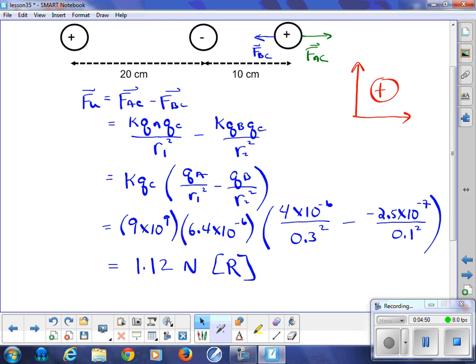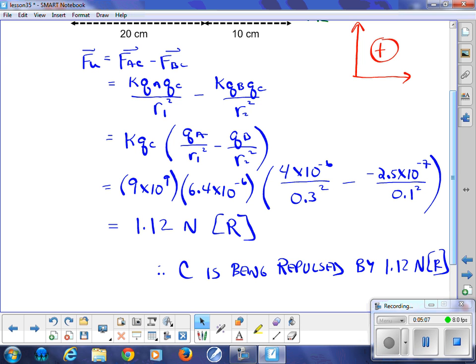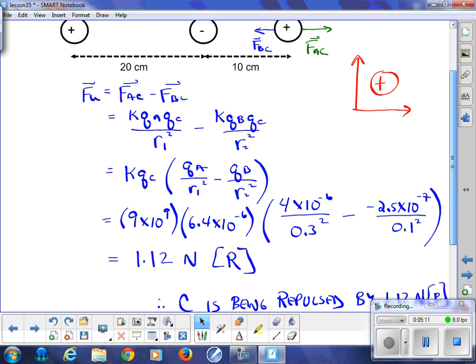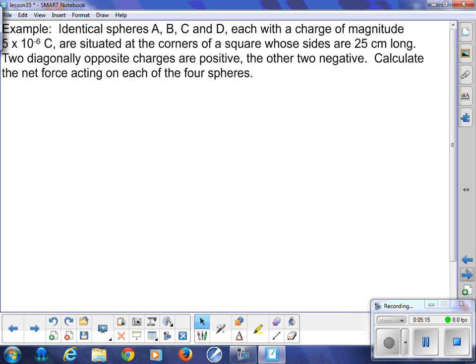So charge C is actually being repulsed by 1.12 newtons. And there you go. So you're just looking at the difference. Now we're just looking at unbalanced forces, and we're just using different equations to calculate them. Same concept as what it was in grade 11.